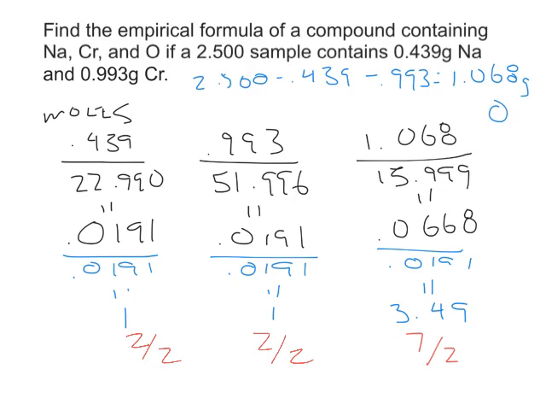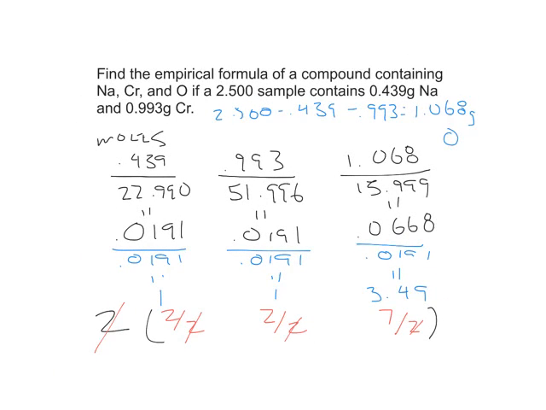And so what we can do now to get our empirical formula is to take all of our fractions and multiply them by 2 so that we can cancel out our common denominator of 2. And so that leaves us with an empirical formula of 2, 2, and 7. So let's write that out as the final answer.